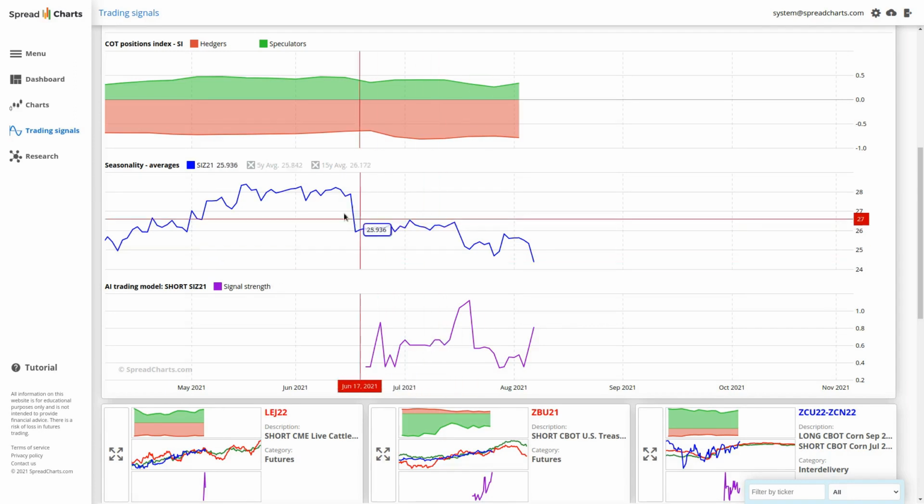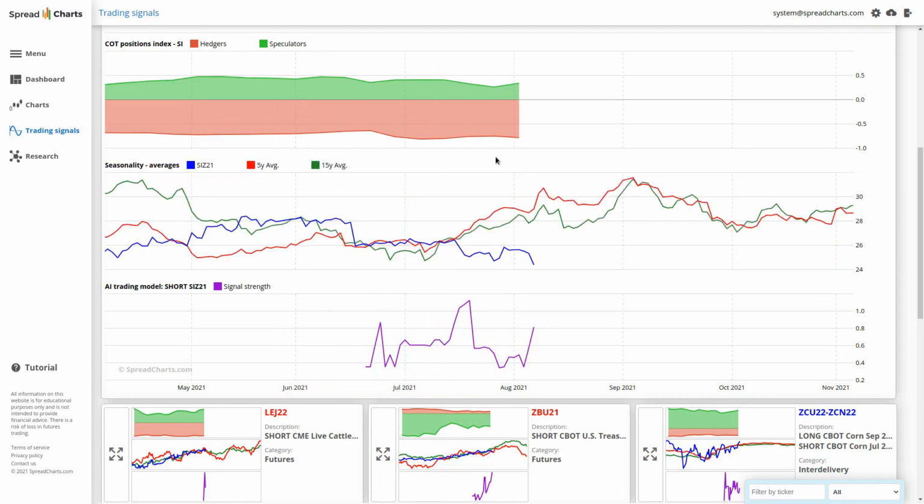The only reason why there is the seasonal chart and the commitments of traders' data is because most of our users are using these two types of charts to get a quick assessment of the opportunity or the situation on a given market. The actual signal is generated from many other types of data, like price action, volatility, or the sentiment data, which means commitments of traders' data.